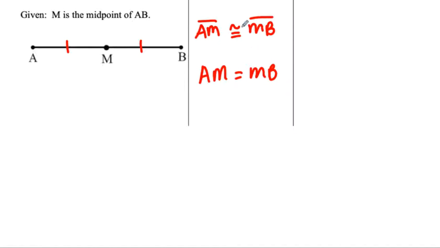Now notice, here I used the segment symbols, so I used a congruent. Here I was talking about the lengths being equal, so I didn't have to use a symbol. Remember, if I don't use a symbol, I'm talking about the length. Either way, it's fine, and the reason would be the definition of a midpoint. Hopefully you're getting the hang of this.